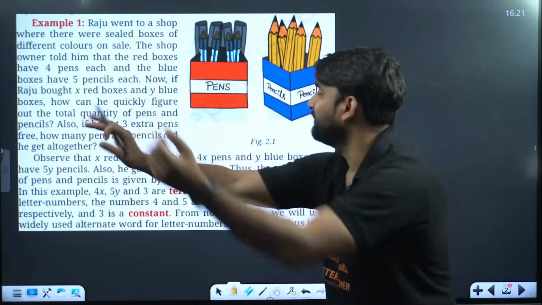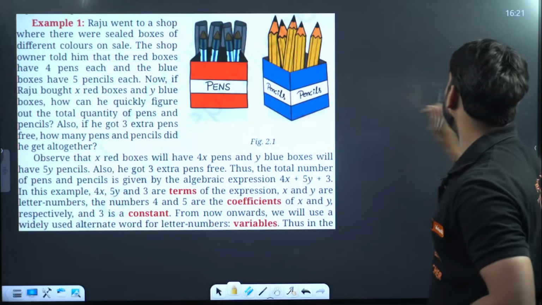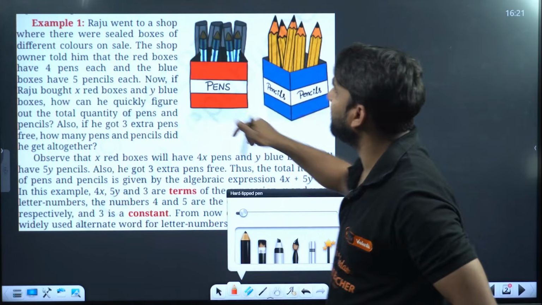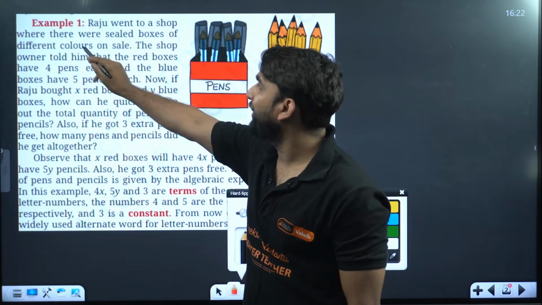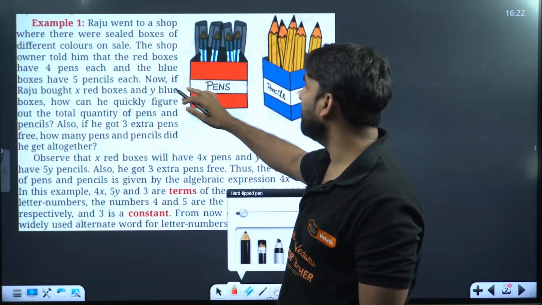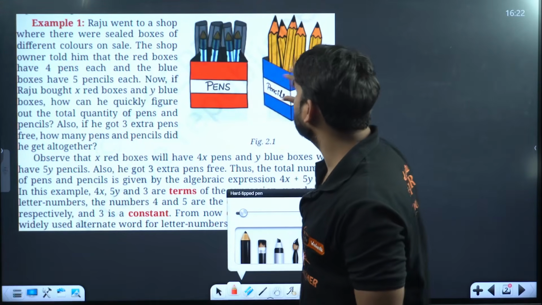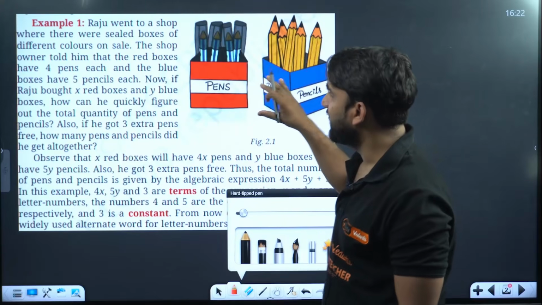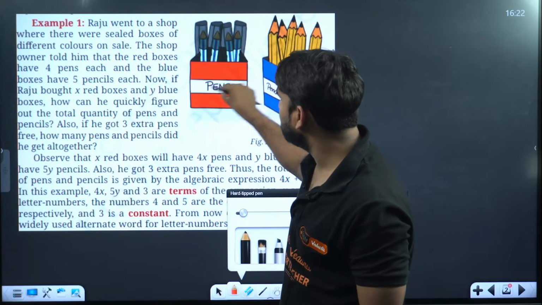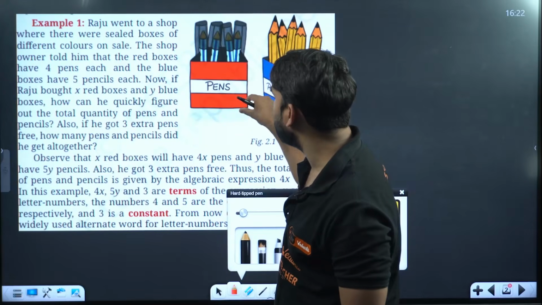My dear champion, there is a story given here. And what is the story? Let's read. Raju went to a shop where there were sealed boxes of different colors on sale. Basically the boxes were sealed, but a color coding was marked outside the box.